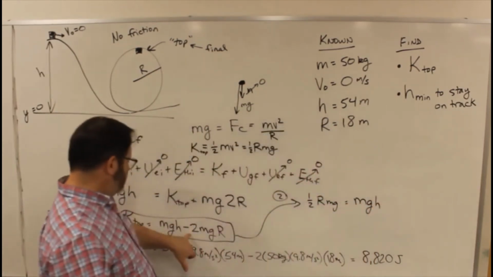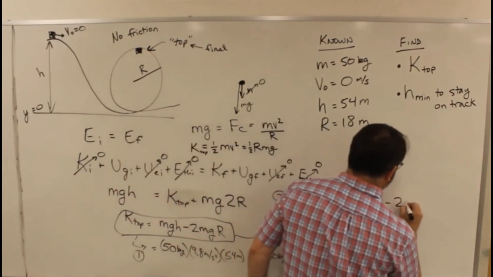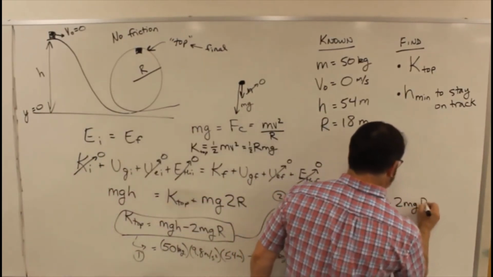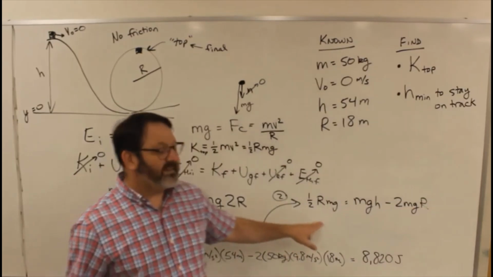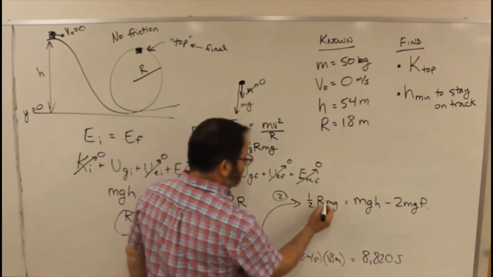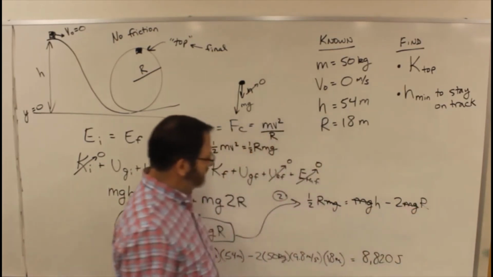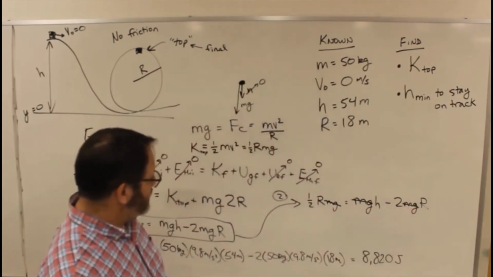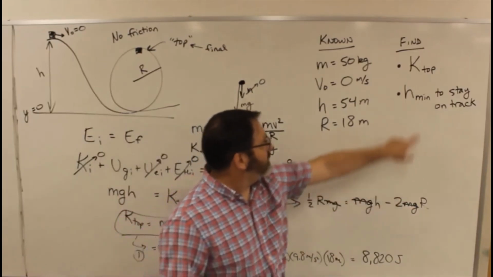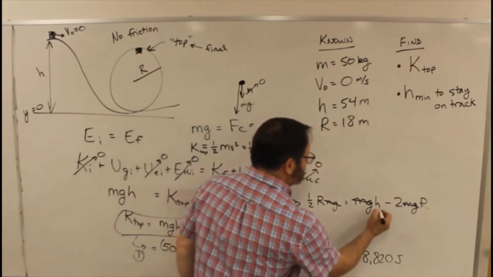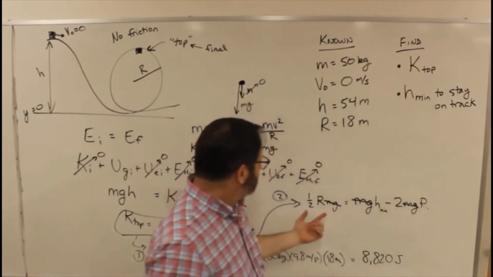And that has to be equal to mgh minus 2mgr. This time mg goes away in every one of them. mg, mg, mg. So 1/2 r is, h is what we're looking for this time, the minimum h.